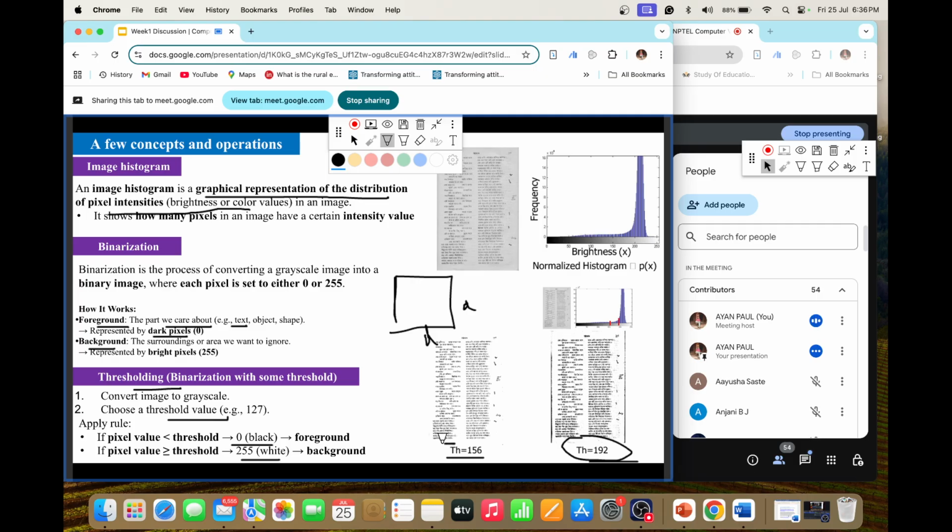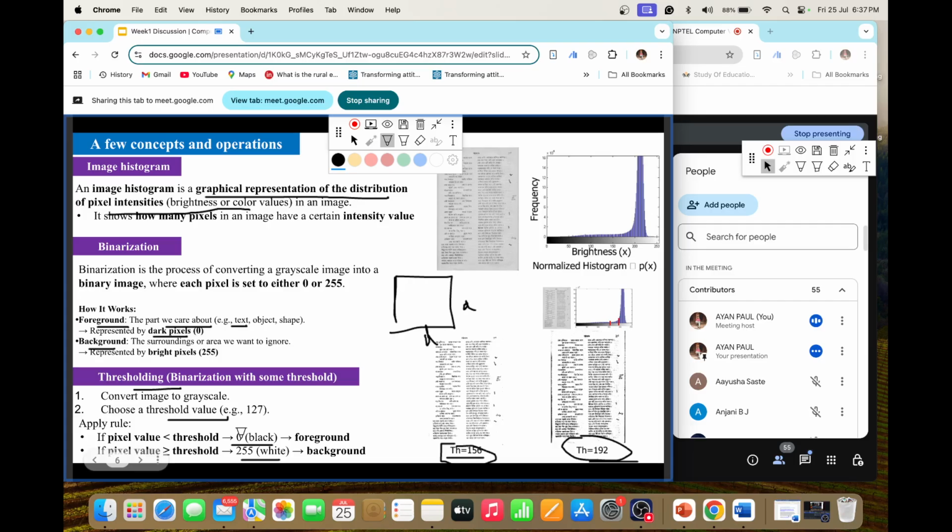Yeah, that is up to you. You just keep one threshold value. It is not automatic thresholding, but a customized thresholding. Let's say you are keeping the threshold value 156. The pixel values that are lesser than 156, we will round off to 0.